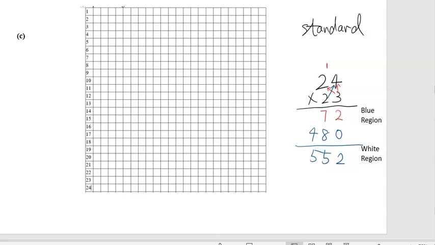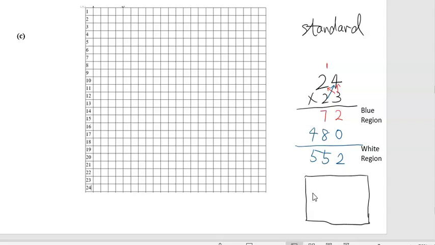So you could use another grid paper, or I'm going to do a different way, which is much easier. We could just draw an array. It doesn't have to be big. And then we separate them.